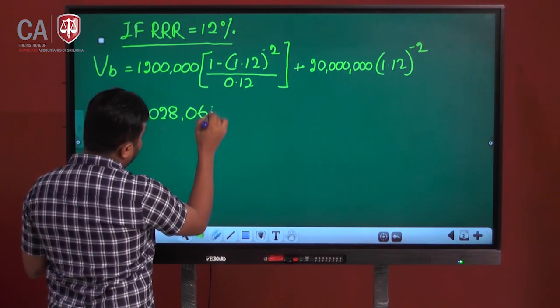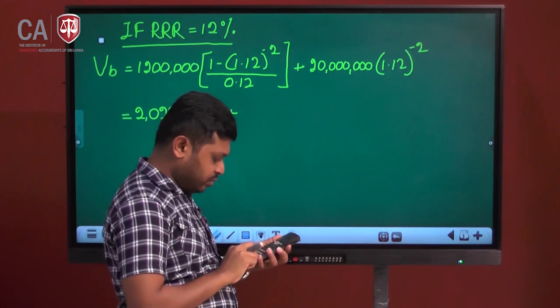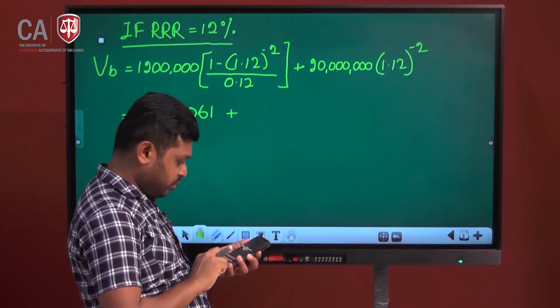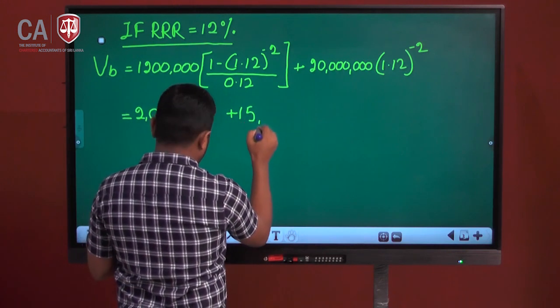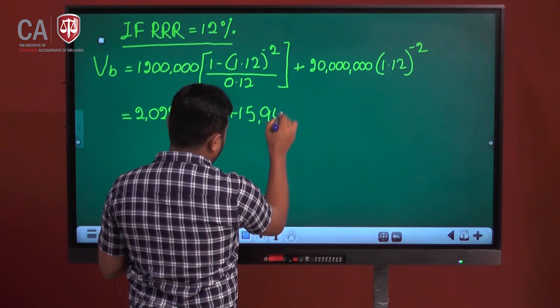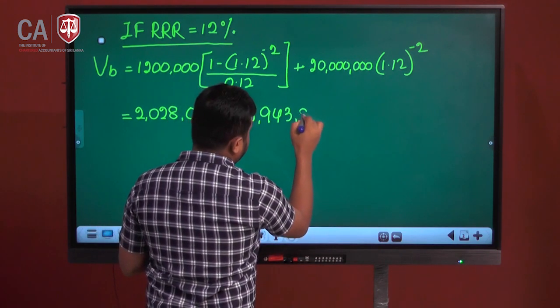The annuity part is 2,028,061, plus 15,943,878.